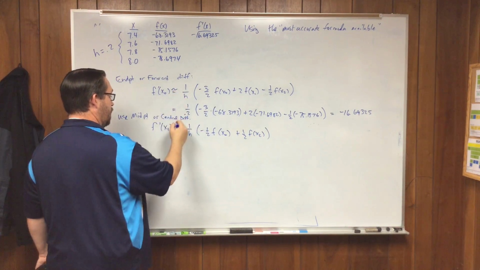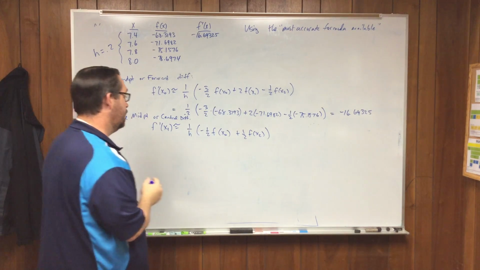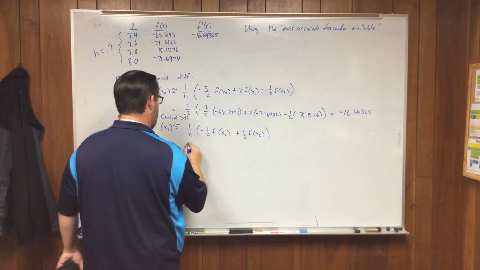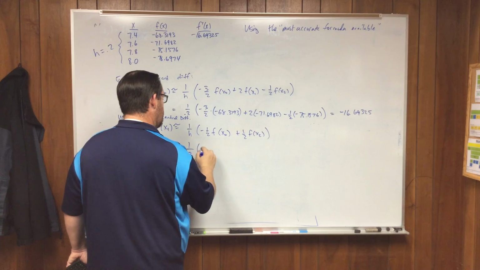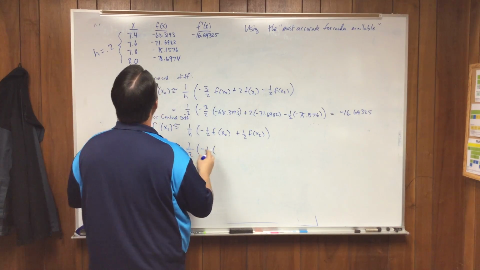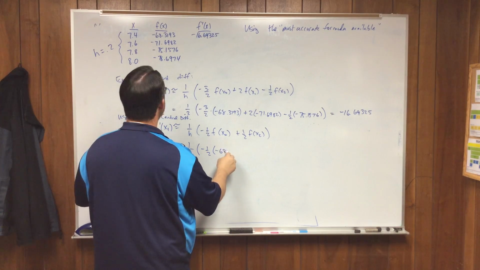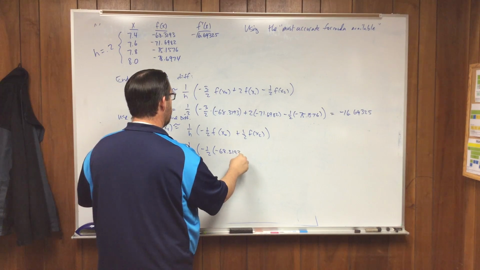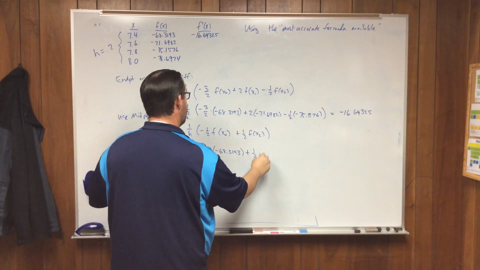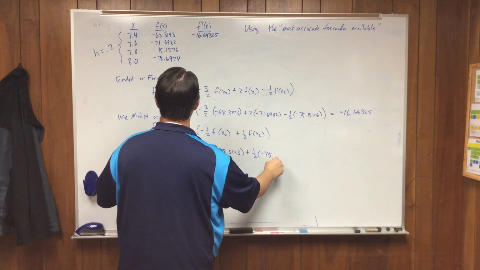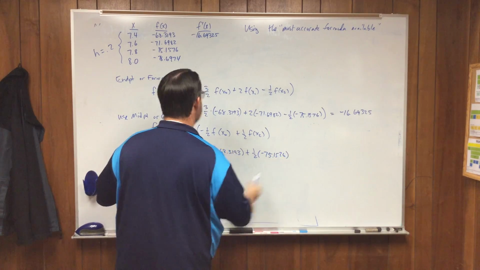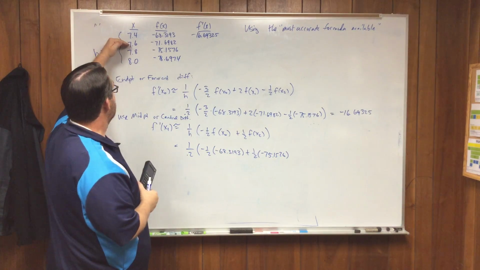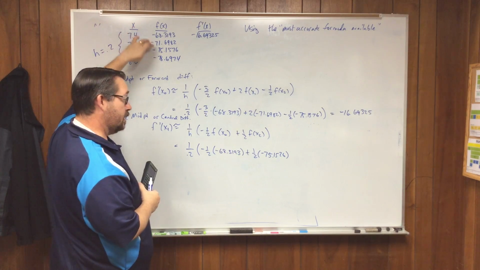Okay, these are approximate. I should probably be clear about that. So that gives me 1 over 0.2 times negative 1 half at negative 68.3193 plus 1 half times negative 75.1576. Okay, so we're using the point before it and the point after it.